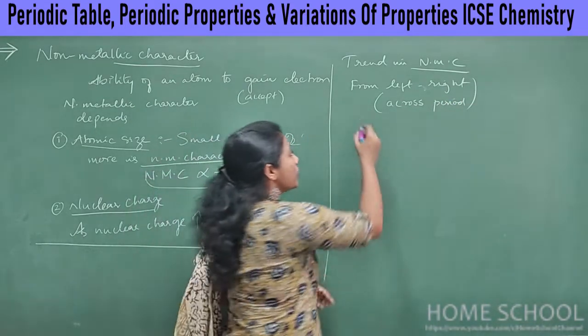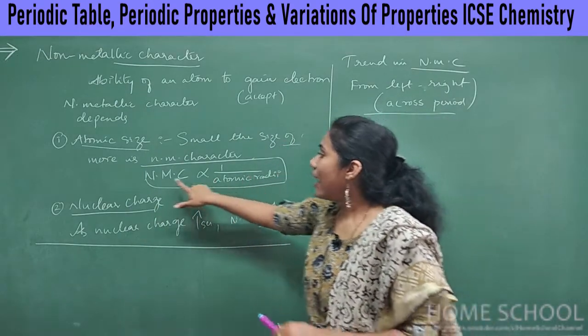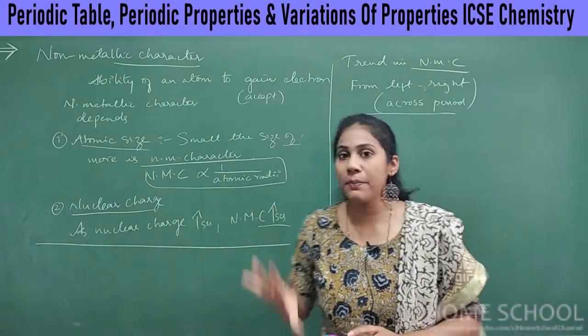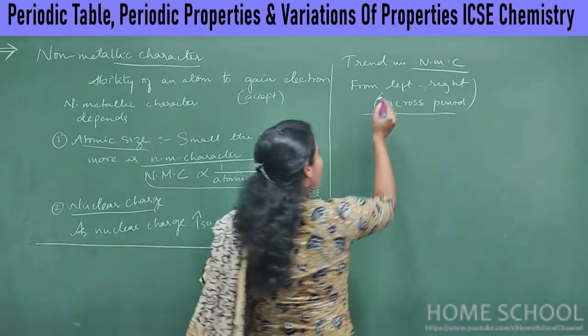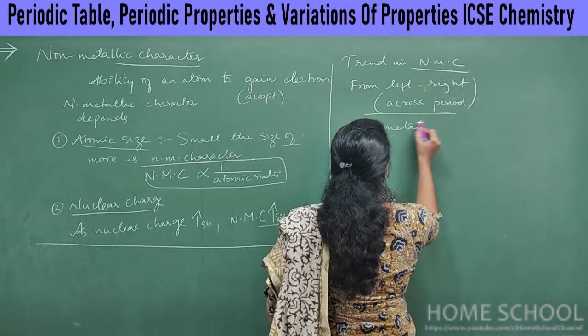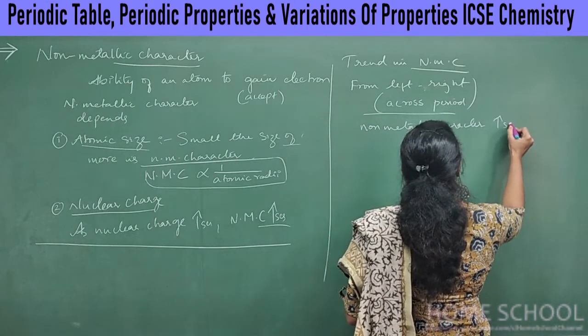Atomic size actually decreases. If atomic size decreases, non-metallic character increases because both are inversely proportional to each other. So I can write here: non-metallic character increases.